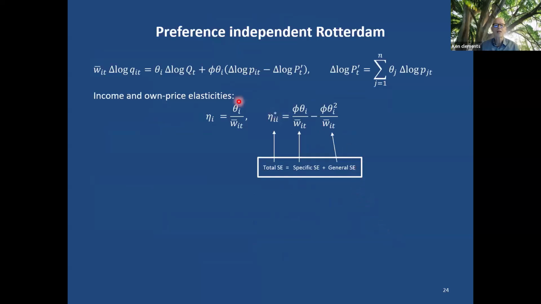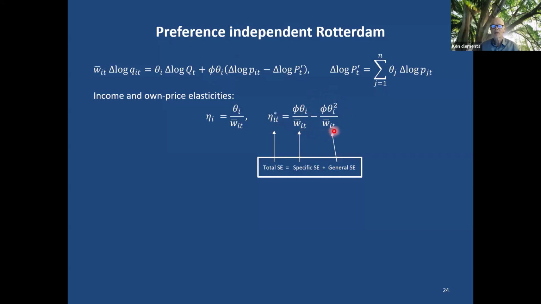So in the preference independence version of the Rotterdam model, the income elasticity and the own price elasticity can be obtained directly from this equation just by dividing through both sides by the budget share. We get the income elasticity is theta i on w i, the budget share, and the own price elasticity is this first term divided by the budget share.